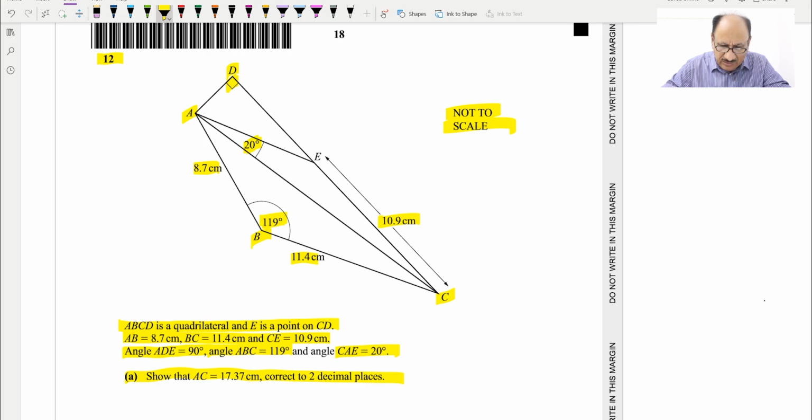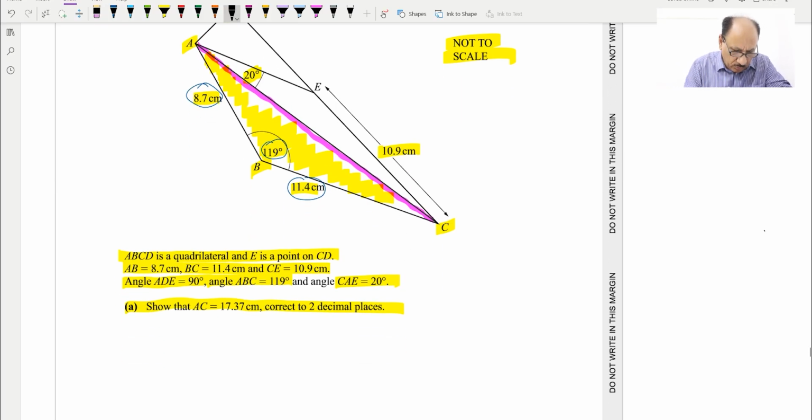So AC is required. Where is AC? Let us identify. This one is AC. So we can consider this triangle, and in this triangle we have two sides. Basically we have this side, and we have the included angle also, so we can apply the cosine rule.